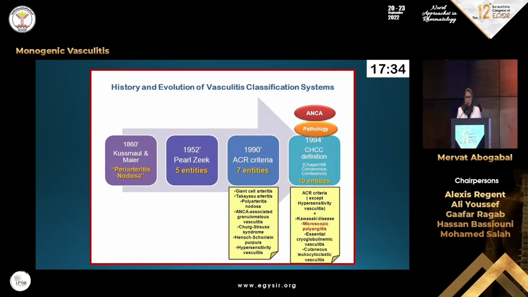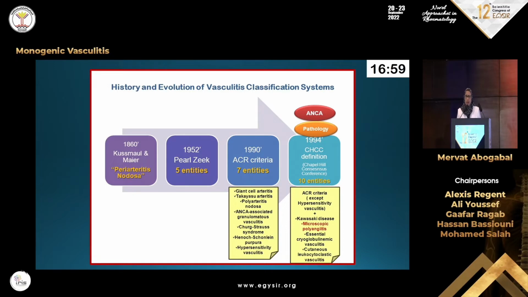In 1994, Chapel Hill introduced definition and classification of vasculitis, which was revised in 2012. This Chapel Hill classification included 10 entities of vasculitis, which were the previous ACR classification of vasculitis, minus hypersensitivity vasculitis, but plus Kawasaki disease, microscopic polyangiitis, essential cryoglobulinemic vasculitis, cutaneous leukocytoclastic vasculitis.